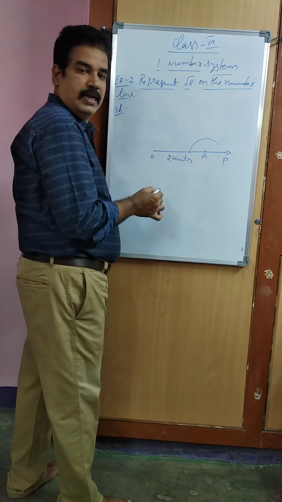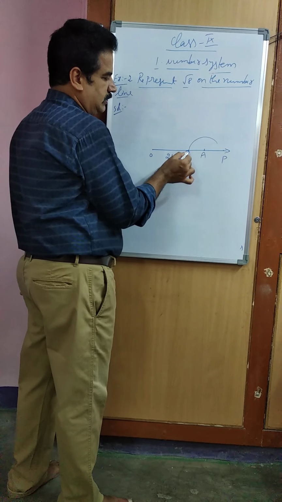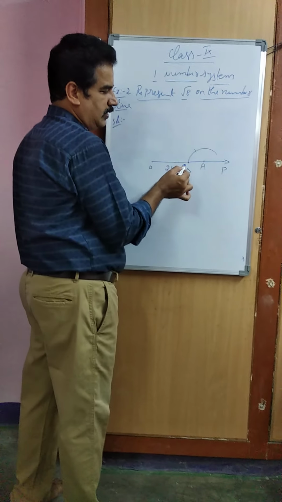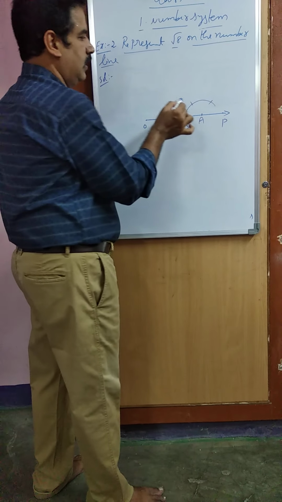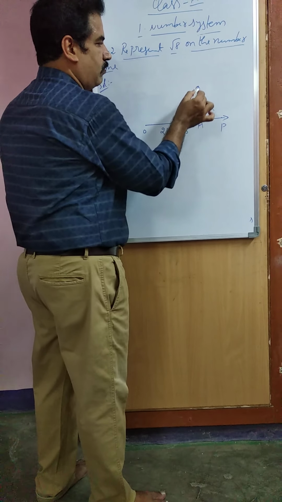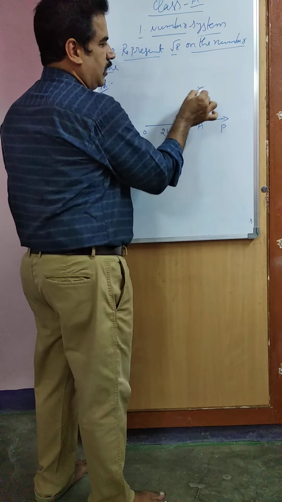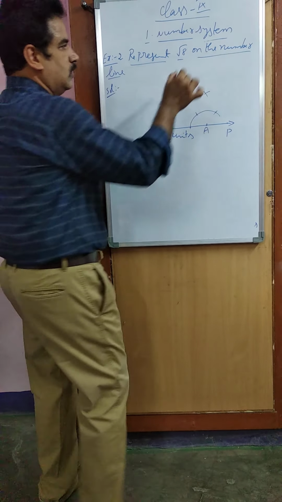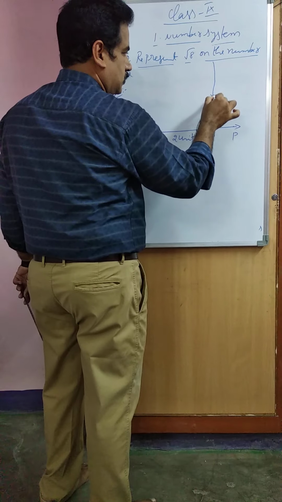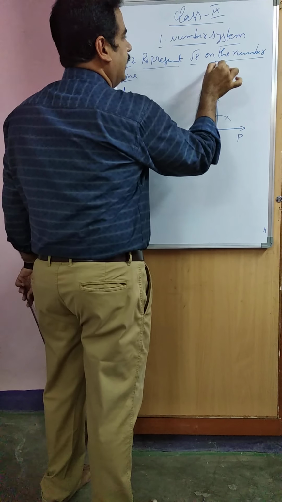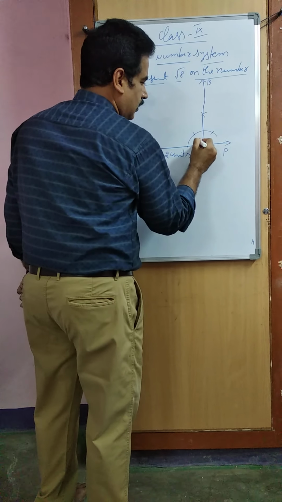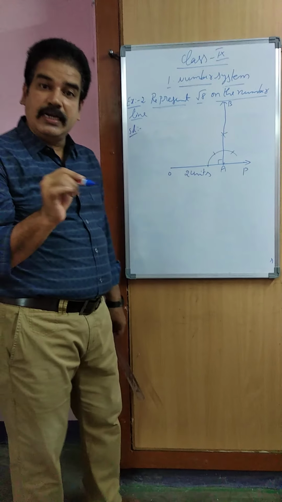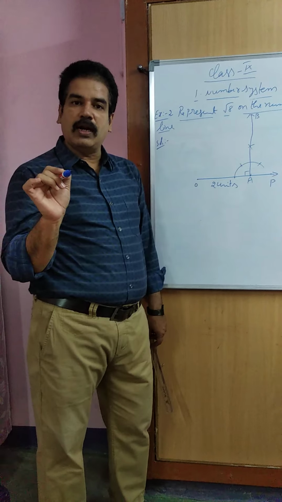Again keep your compass at the arc, same radius, draw an arc at 60 degrees, and again draw one more arc at 120 degrees, with the same radius, 60 as center, one more arc, and 120 as center, another arc. Then you construct 90 degrees. Name this as ray AB with 90 degrees. This is the construction of 90 degrees using ruler and compass.